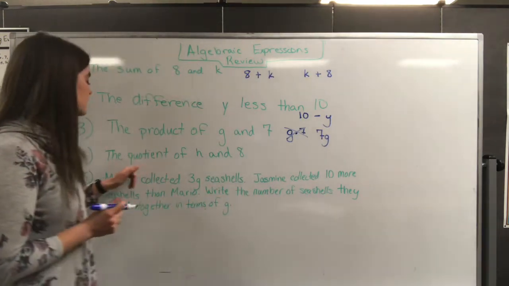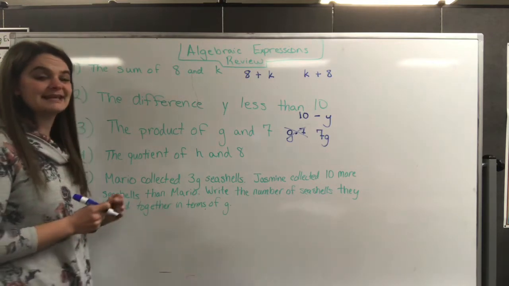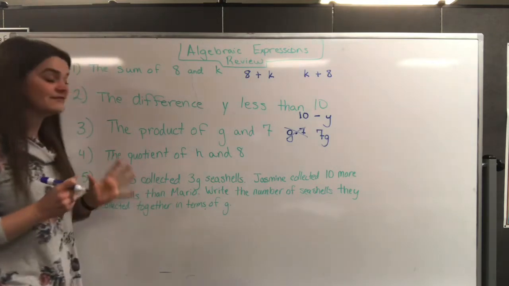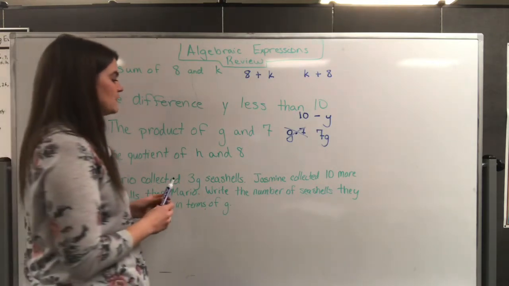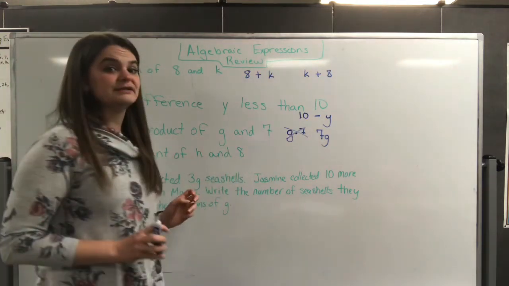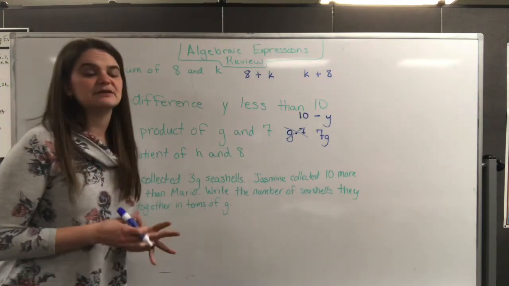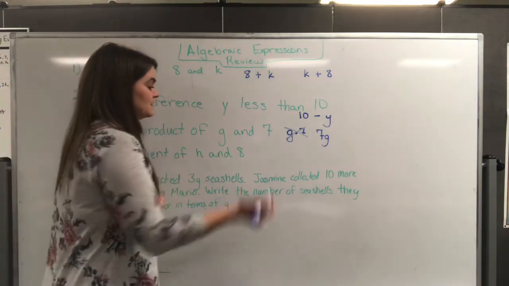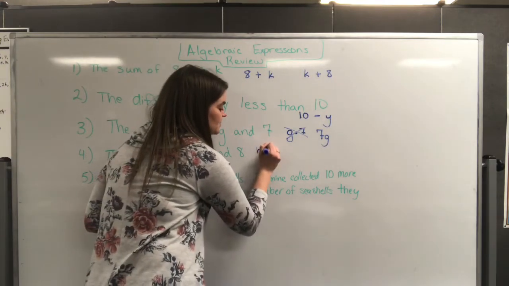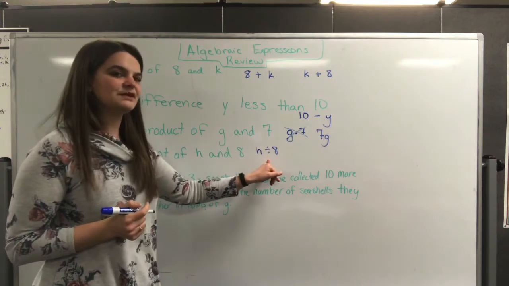Our next one, the quotient of h and 8. A quotient is an answer to a division problem. And then we remember that the first one is always our dividend, and the second one is always our divisor, the one doing the dividing. So the 8 is the part that we want to divide into groups of 8. So we can write h divided by 8, but that's not as simple as we can get here.